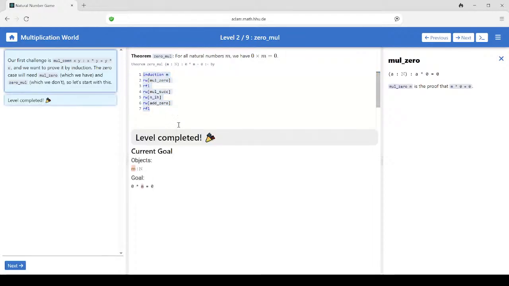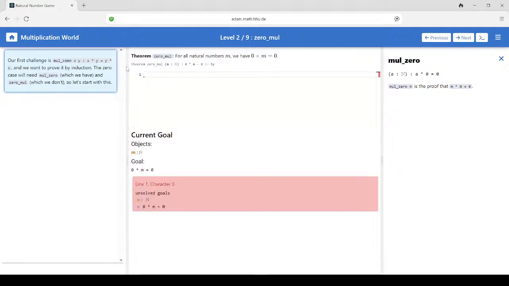Let me delete this without looking at it so I can warm back up. So we want to prove that 0 times m equals 0. Oh, that's this one here.